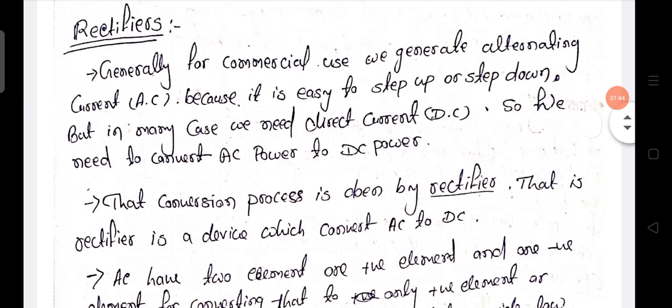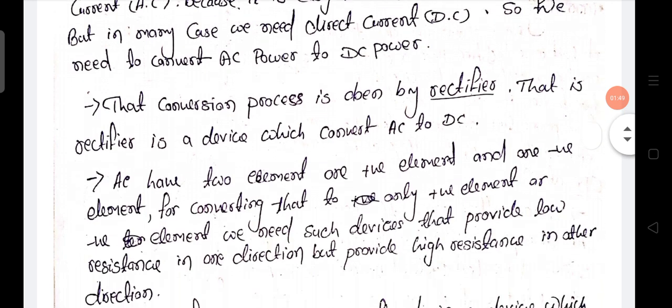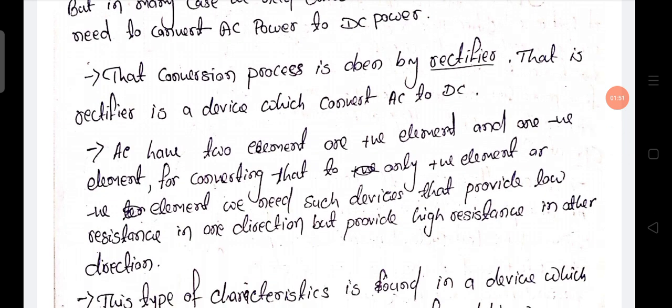The process done by the rectifier is called rectification. AC has two elements, one positive and one negative.